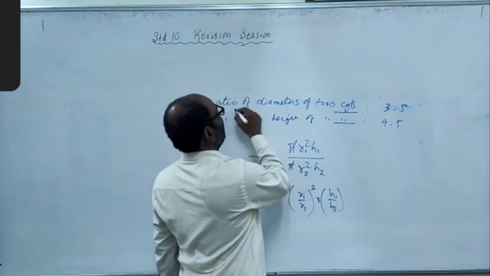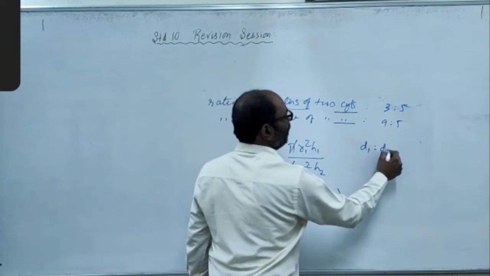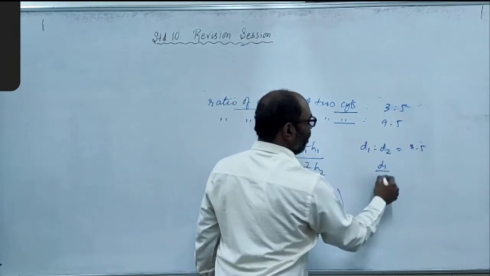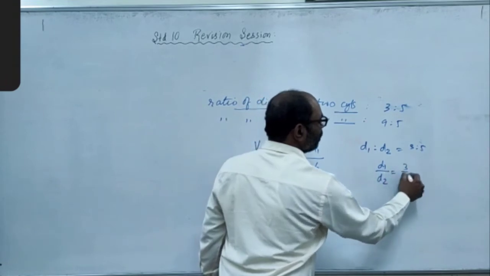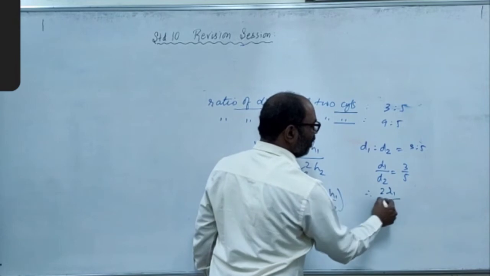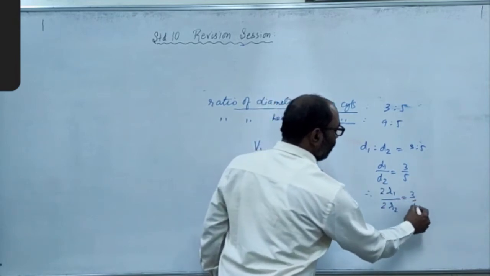Now here diameter 1 is to diameter 2 is 3:5, so diameter 1 upon diameter 2 is 3 upon 5. But what is diameter 1? 2 times r1. What is diameter 2? 2 times r2. That is equal to 3 upon 5.